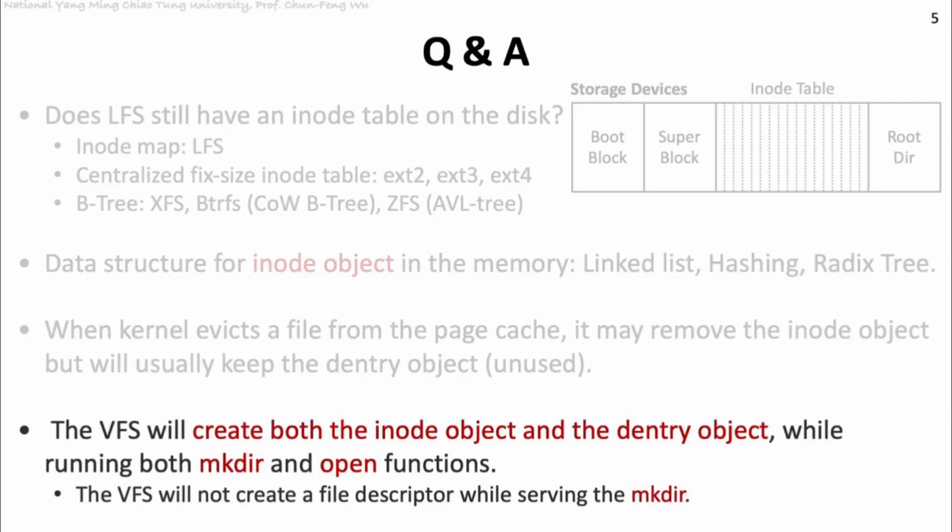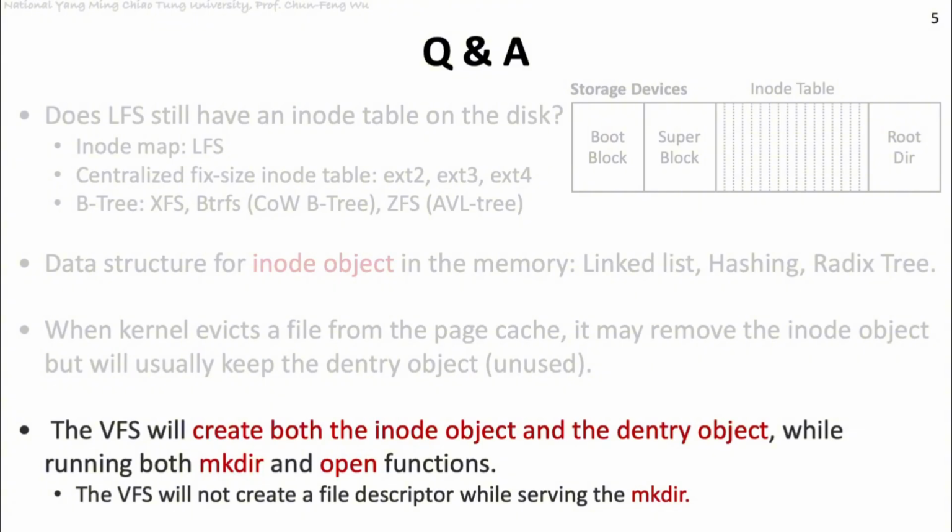All right. Here is also a question about the virtual file system and the inode and dentry objects. When the user sends a mkdir or some open function, these kinds of file operations, to the VFS, the VFS will create both the inode object and the dentry object. But the VFS will not create a file descriptor while serving mkdir, because mkdir is going to create a directory.